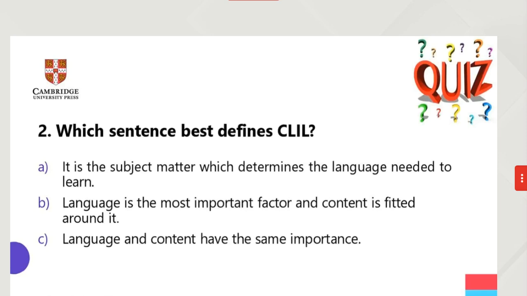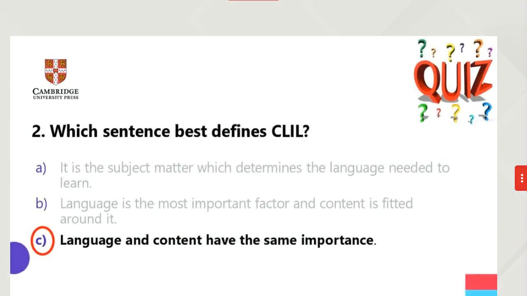So I will just give you a moment. All right, we'll end the poll now, and well done. Yes, the correct answer, which 59% of you got, is language and content have the same importance. So the focus is not only on content, but also on language.